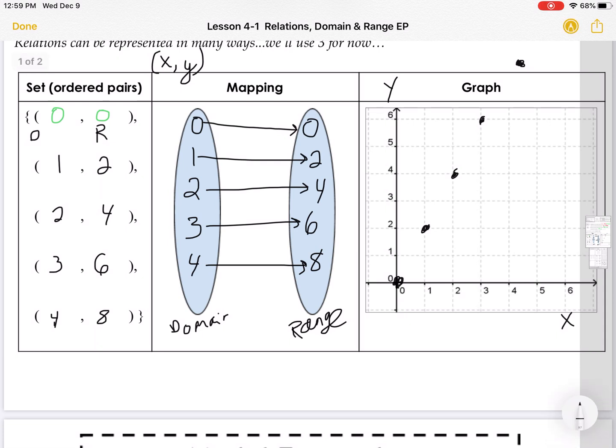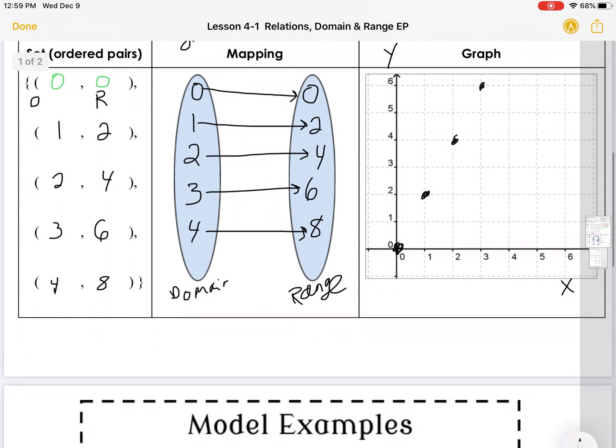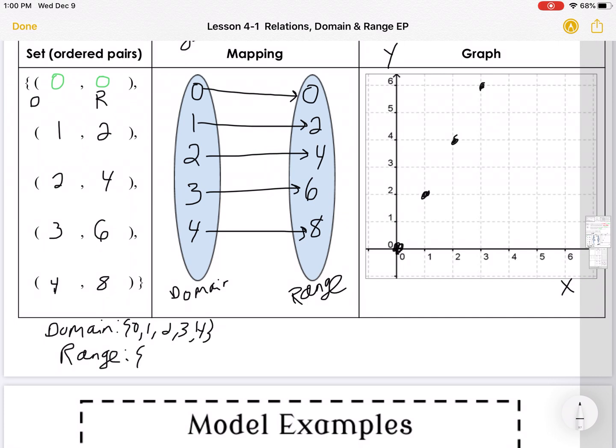Now, if I asked you to list the elements of the domain, what we would do is we would use these squiggly brackets, and we would simply list all the x values. So we would do 0, comma 1, comma 2, comma 3, comma 4, and this is my domain. My range is simply listing all the y values: 0, comma 2, comma 4, comma 6, comma 8.